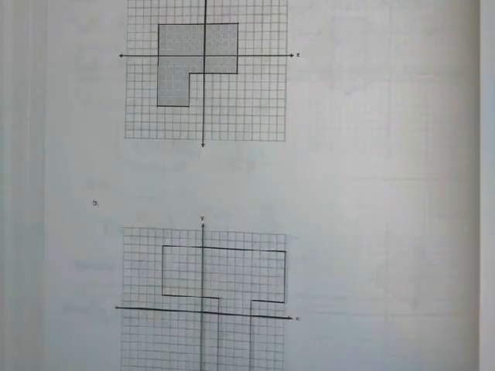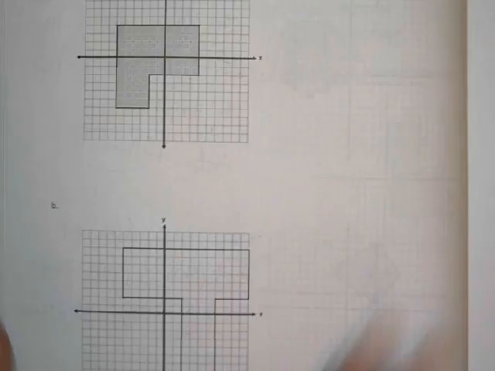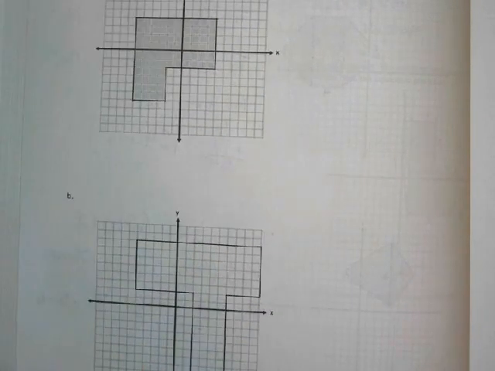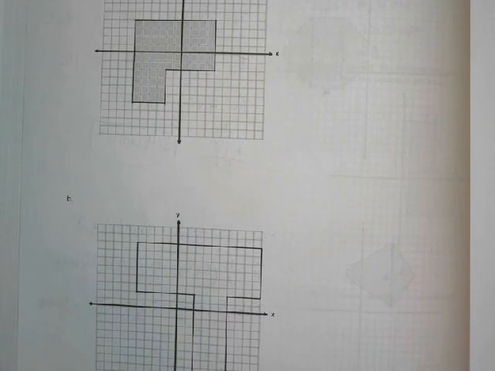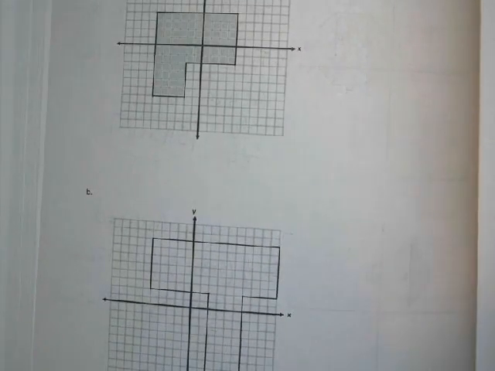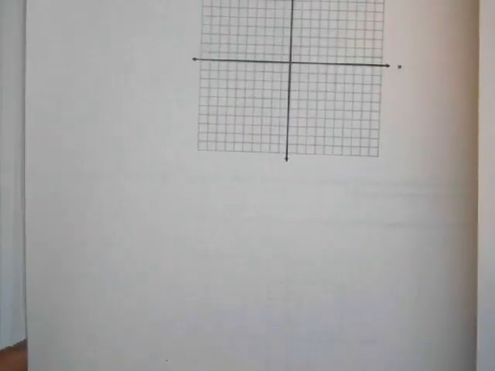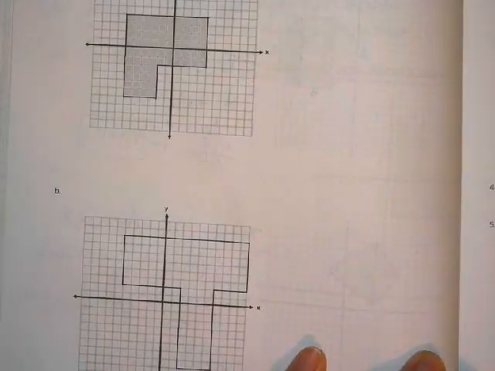All right, moving on to the next page. These are more like the shapes that you will be asked to solve on your assessment. And so what I would like you to do is go ahead and solve 2A and B, and I will check those for you. And you will not have to worry about the rest.